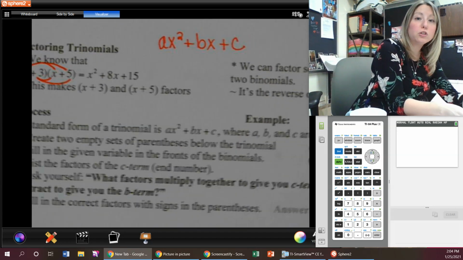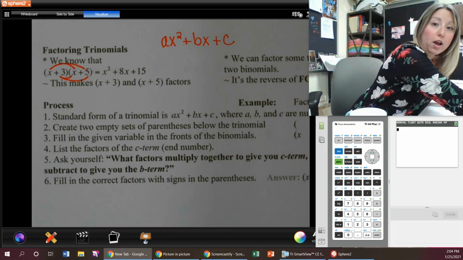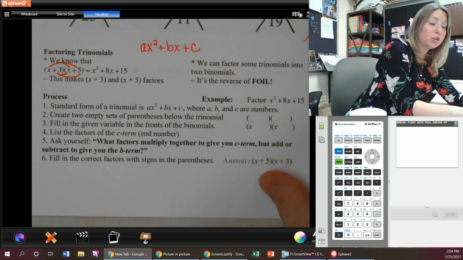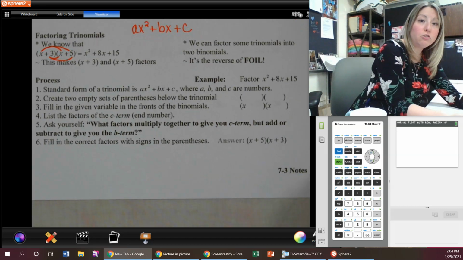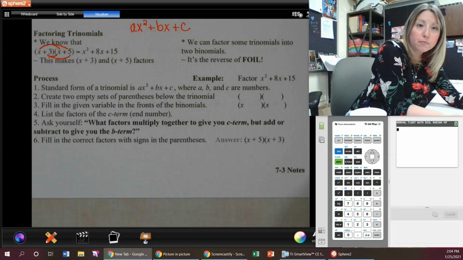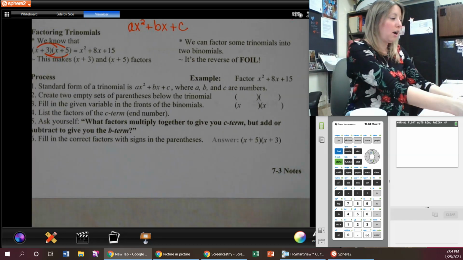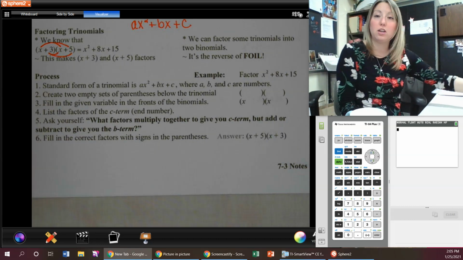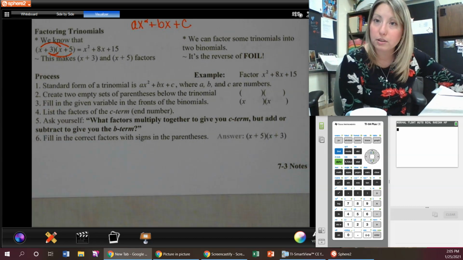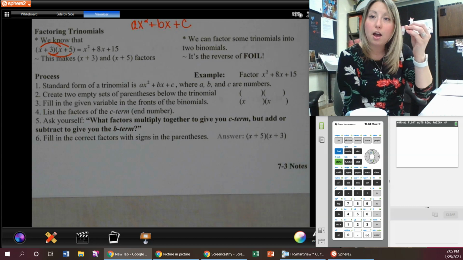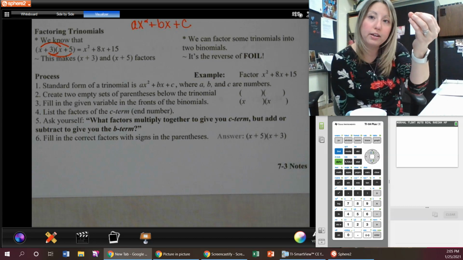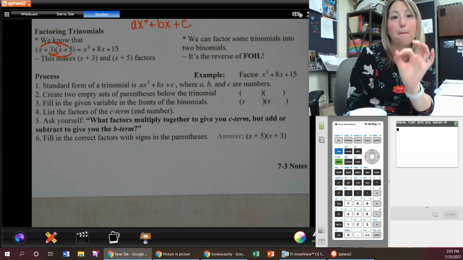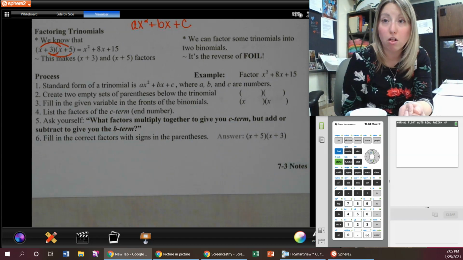I'm going to use the process as I go, and you'll hear it in how my thoughts are. You'll hear the process happening. Essentially, we are asking ourselves that essential question we were thinking about when we did those X puzzles at the beginning: how am I multiplying to get the end number, but adding or subtracting to get the B term, the middle value?